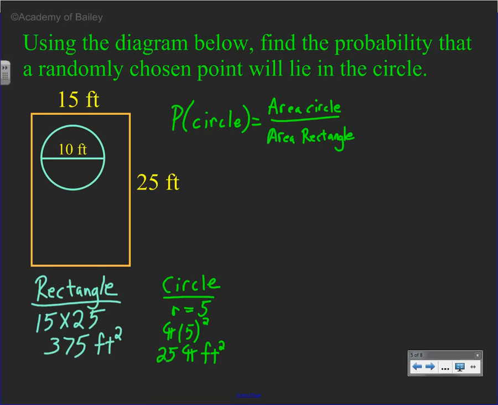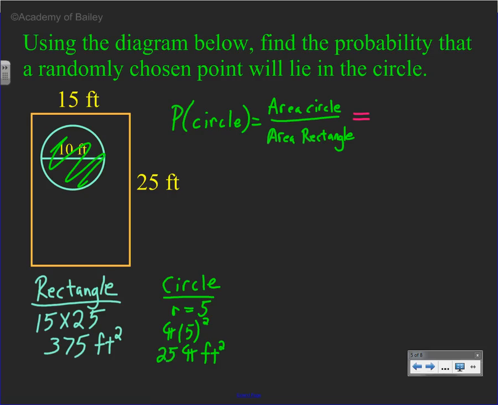The area of the circle is the favorable event. We're trying to land inside the circle. The area of the rectangle is the total, and that would be the total amount of space that we have there in the diagram. And I just copied and pasted our work from the last slide.